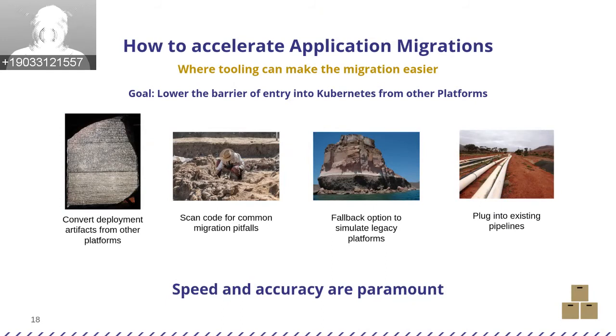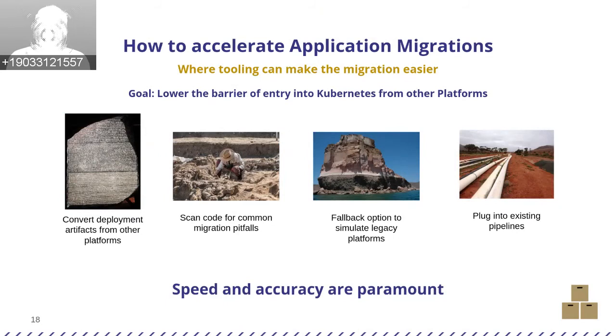Being able to plug into an existing environment, do a code scan, and come back and say, okay, here are your build artifacts, here are your deployment artifacts, and here's a list of areas where you might need to make some changes to come onto the platform.